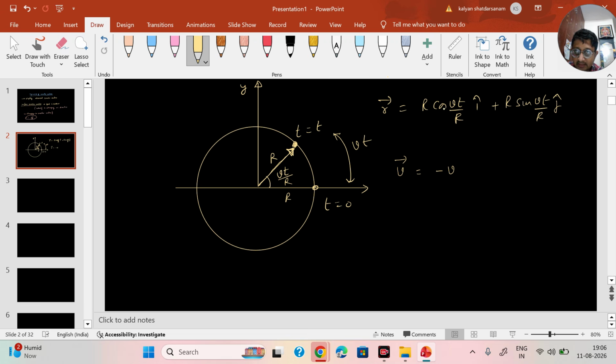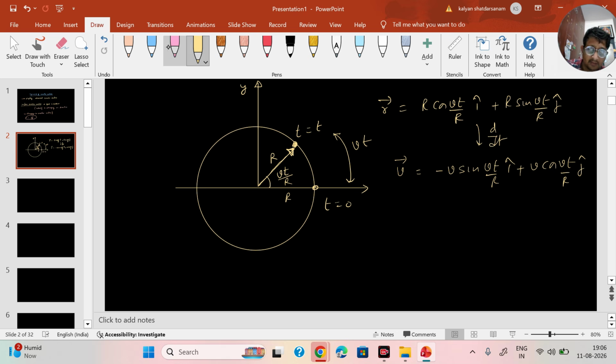Cos derivative is minus sin(vt/r), and derivative of vt/r is v/r. So when v/r comes, r gets cancelled. So minus v sin(vt/r) i plus v cos(vt/r) j. I got it by differentiating with respect to time.